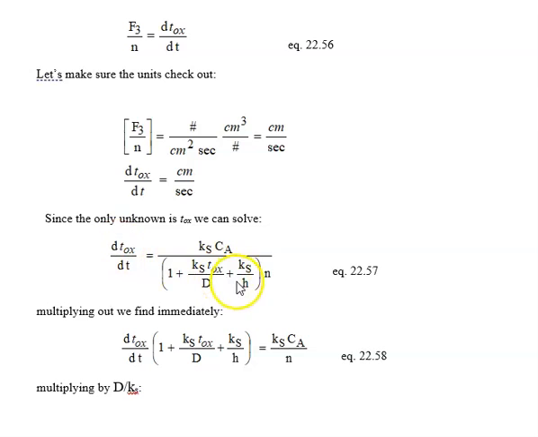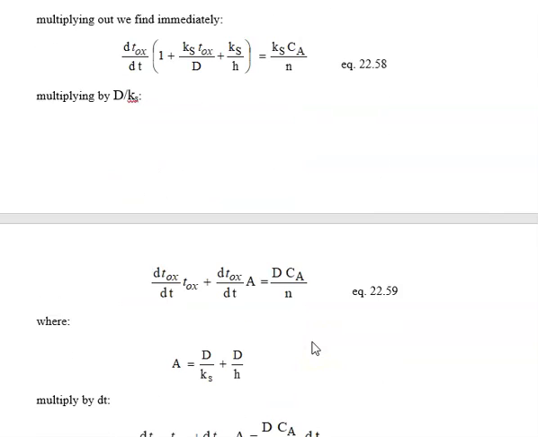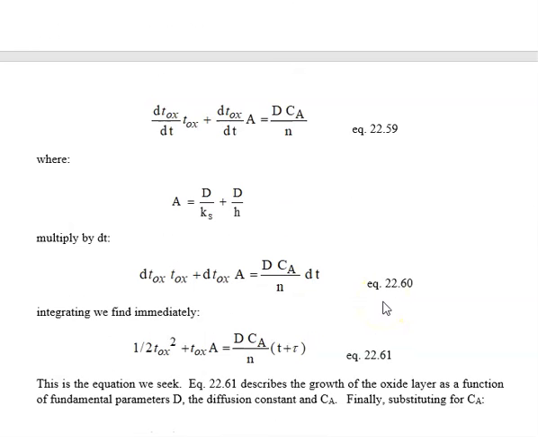And what I do is I just bring over the denominator to the left side. And of course, then I bring over Tox to the right side and integrate. And that's all there is to it. And here is the differential equation. Basically, it's equation 2258, where I made a simple substitution for some constants here, to get equation 2259.